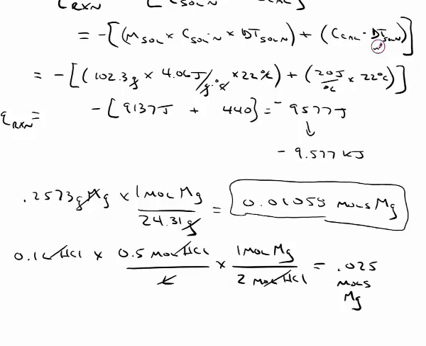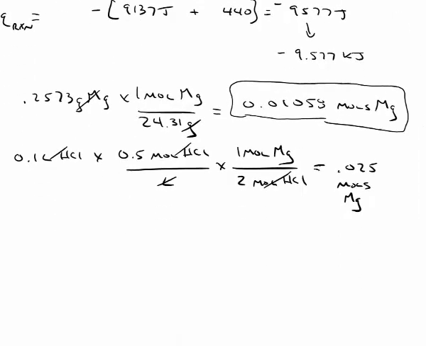So when I calculate my delta H for this reaction, I will divide by the moles of magnesium. Remember that the delta H of the reaction is going to be equal to the Q, the heat of the reaction, divided by the moles of what you're working with. In this case, we're working with the magnesium because it is the limiting reagent. So we have negative 9.577 kilojoules.